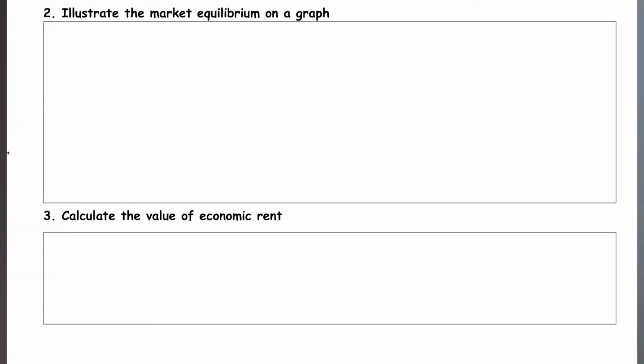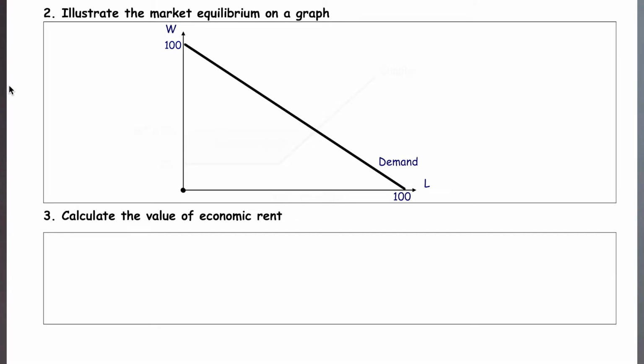Let's have a look at required 2. Here it says, illustrate the market equilibrium on a graph. So we're going to set up a market diagram where we're going to illustrate the demand and supply for this labor market. On the x-axis, I would recommend to put the labor quantity, and on the y-axis, we're going to put the wage rate. Our demand curve is going to be a typical downward sloping demand curve with a y-intercept of 100 and an x-intercept also of 100.